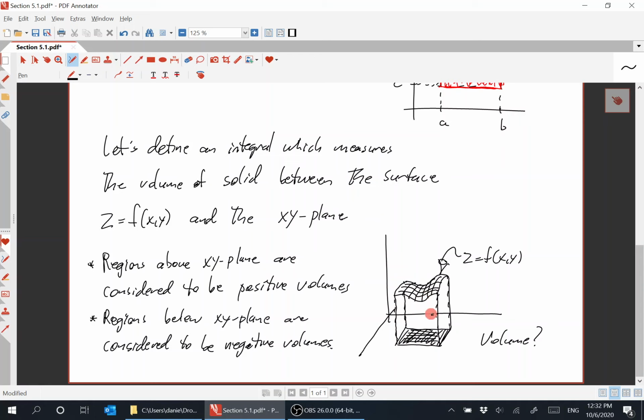It would be more confusing to try to draw it below, so we keep the drawing simple. So this thing that I've drawn here would be a purely positive volume.